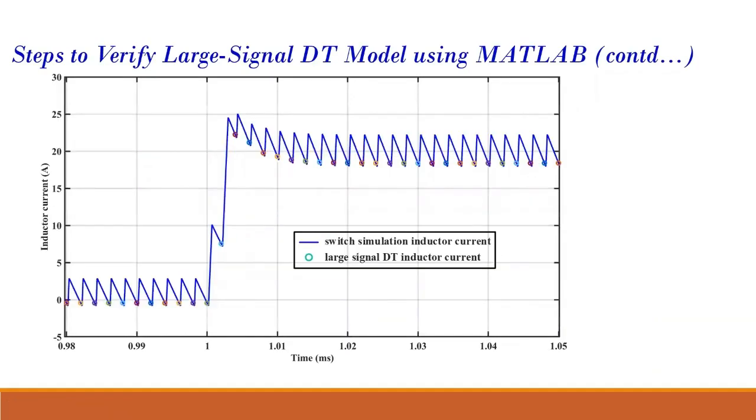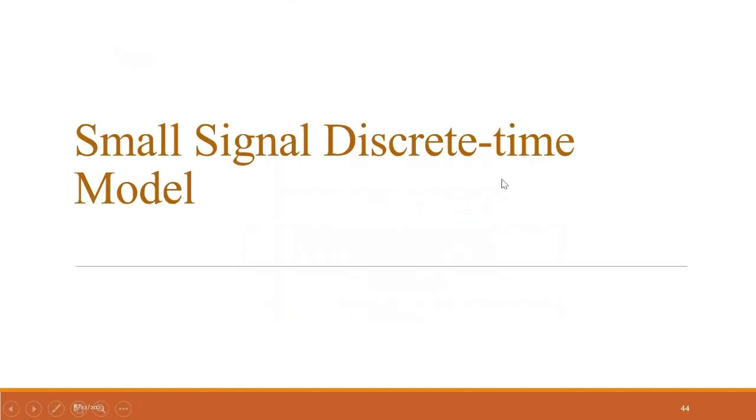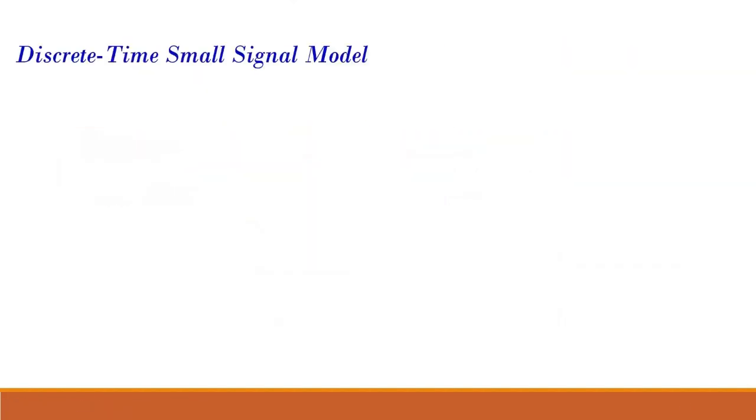And this is for the inductor current, how it is also matching with the actual switch simulation. Now we will go to the small signal discrete-time model. So till here, any doubts?